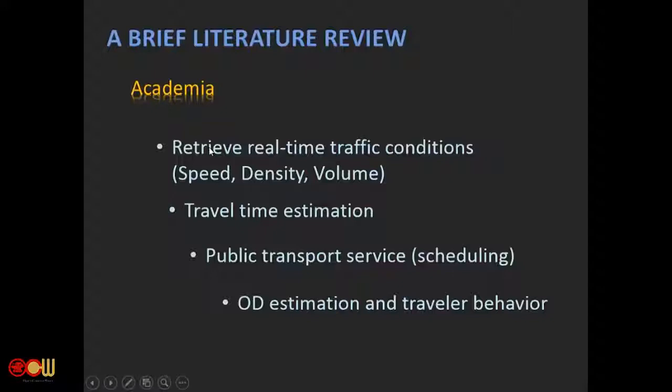And that step one takes a lot of money. All they can get is speed, density, volumes, okay? If you properly use cell phone information, you can also get density, you can have volume, and you can have speed, too. Of course, not directly. You need to have some way to clean the data and from the data do estimation, okay? And provide traffic information, public transport scheduling service, and estimation of travel behavior.